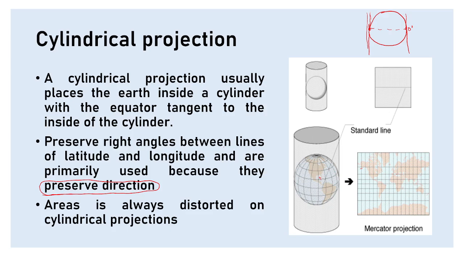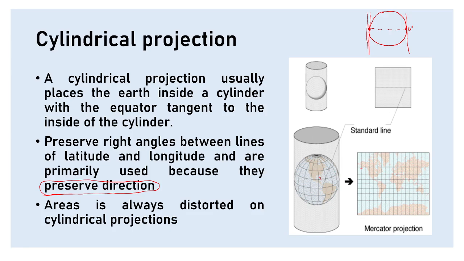Area is always distorted on the cylindrical projection. So if you look at a map which uses the cylindrical map projection, you cannot calculate the area accurately in such maps, because it always gets distorted.